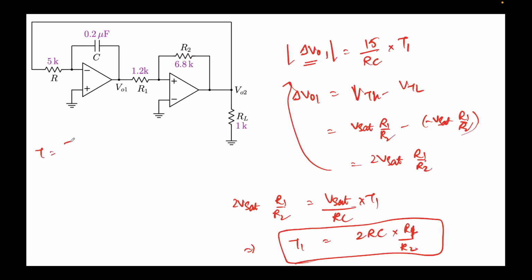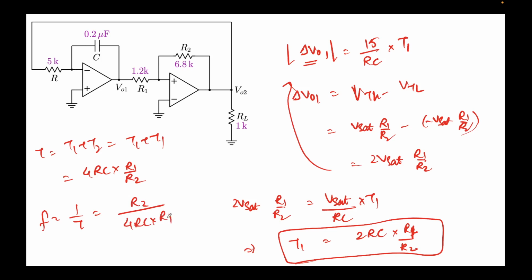So T equal to T1 plus T2, which is nothing but T1 plus T1. So this T comes out to be 4 RC times R1 over R2, and the frequency, which is 1 over time, simply comes out to be R2 over 4 RC times R1.